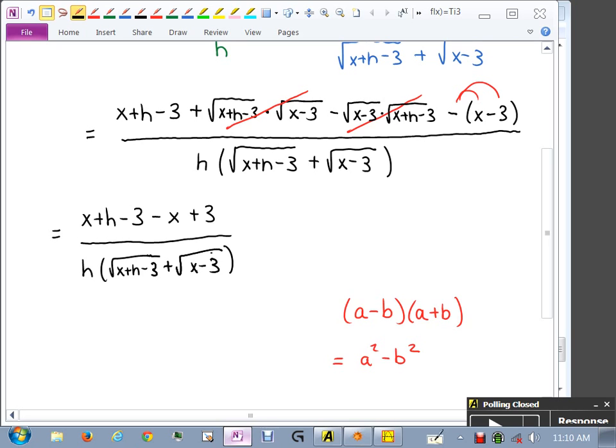And good stuff happens up top, right? Your x's are gone, right? You've got your 3, negative 3, and all that's left is an h, yes? And that h now will be able to reduce down to be a 1 up there, right? So on my next line, I have a 1 on top, and if that h is gone, the only thing left down there were those two roots, right?